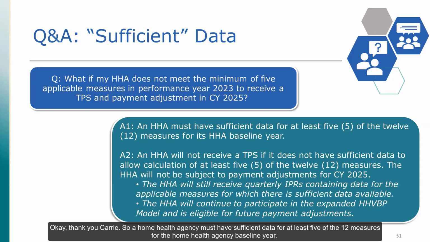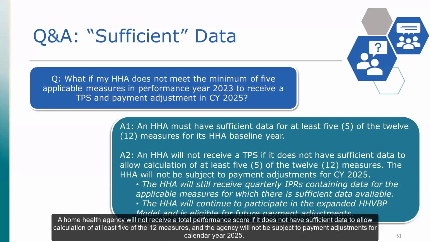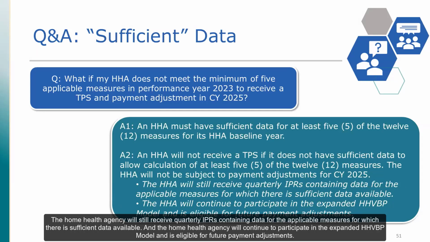A home health agency must have sufficient data for at least 5 of the 12 measures for the home health agency baseline year. A home health agency will not receive a total performance score if it does not have sufficient data to allow calculation of at least 5 of the 12 measures. And the agency will not be subject to payment adjustments for calendar year 2025.